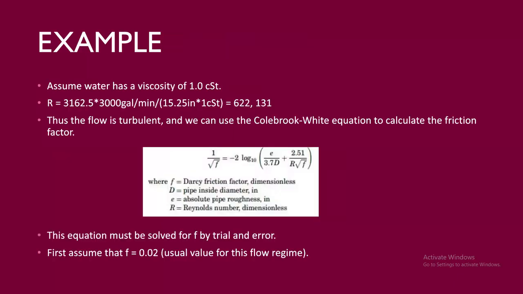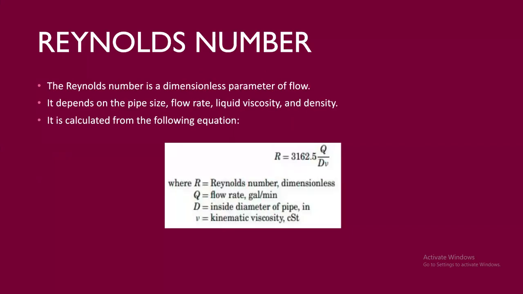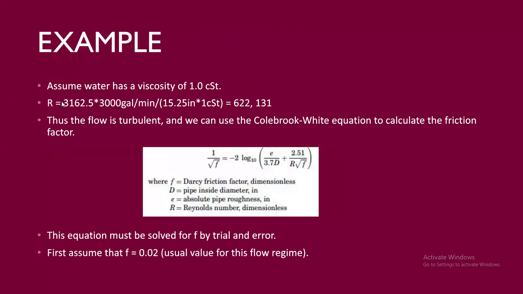So going back to the example, assume water has a viscosity of 1 centistoke. This is at room temperature. The viscosity of water is 1 centistoke. So calculating the Reynolds number from this formula, it equals 3162.5 times the volumetric flow rate of 3,000 gallons per minute, divided by the pipe inside diameter in inches times our viscosity of 1 centistoke.